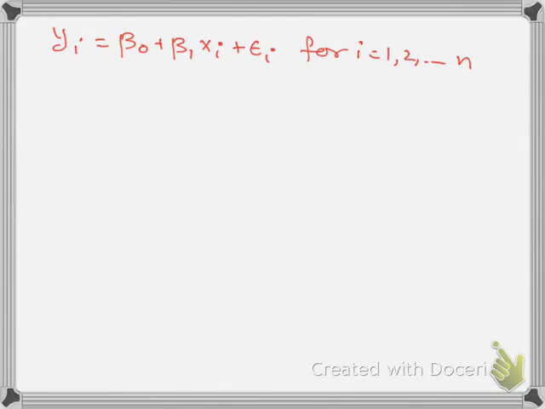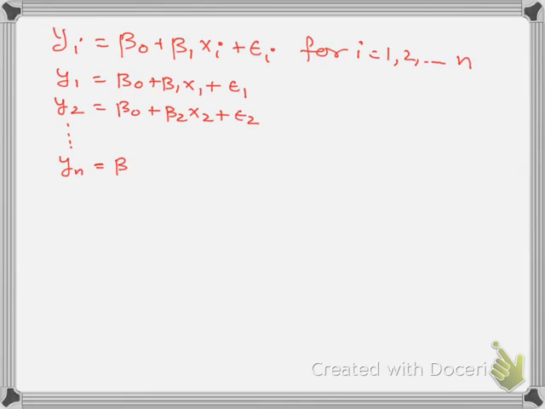If we actually let i equal to 1 to n, we see that we will obtain n equations, right? So we would have y1 equal to beta naught plus beta 1 x1 plus epsilon 1, y2 equal to beta naught plus beta 1 x2 plus epsilon 2, and it would go to yn equal to beta naught plus beta 1 xn plus the nth error term.